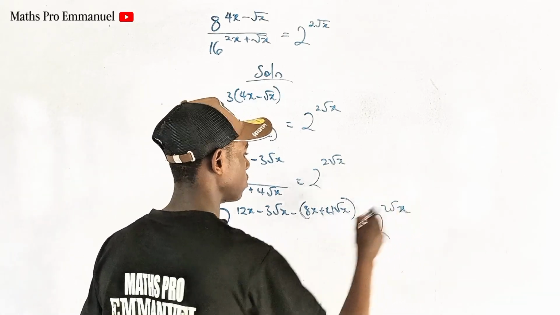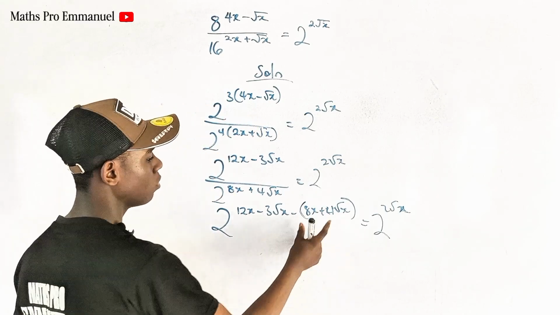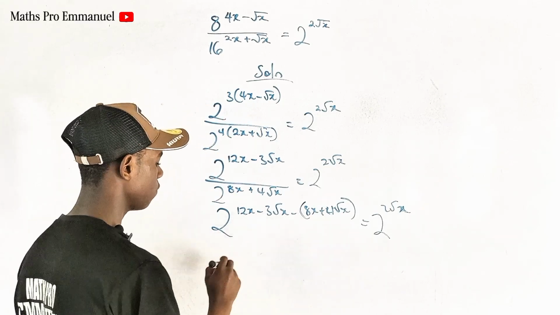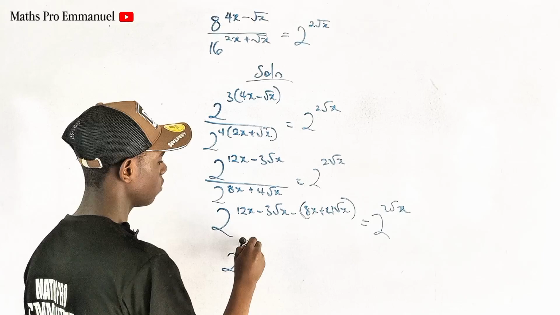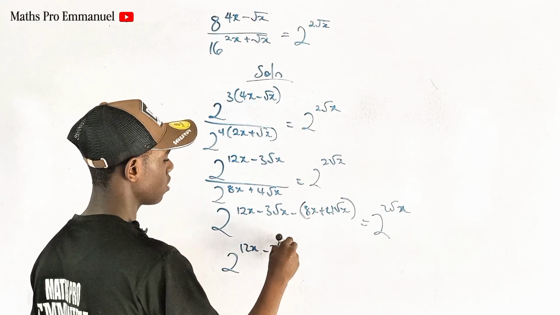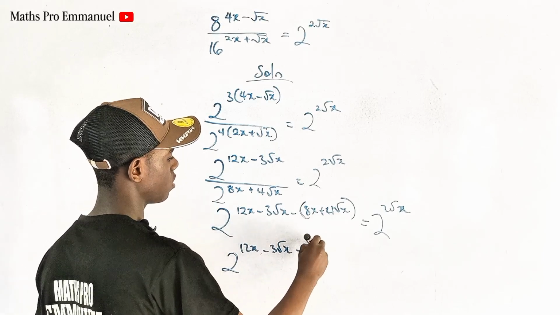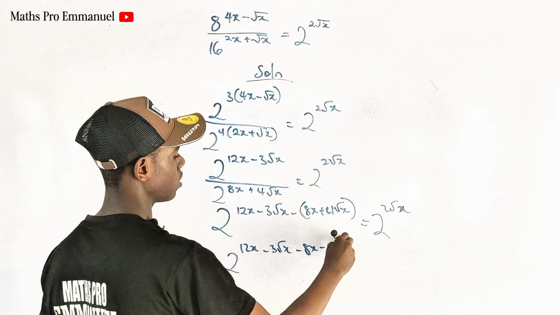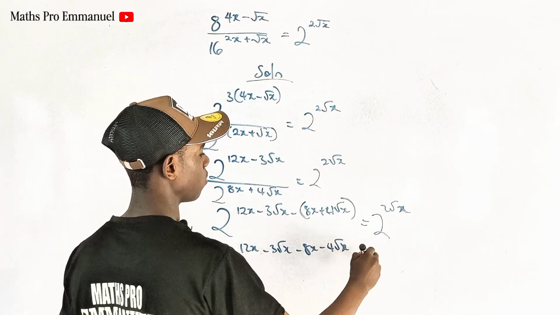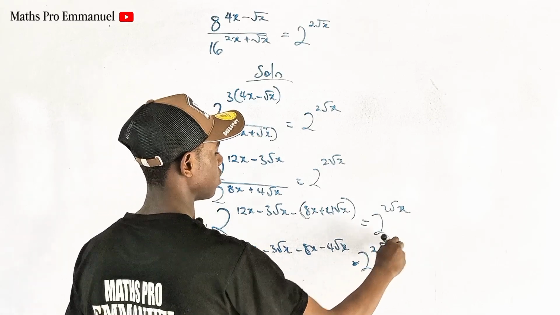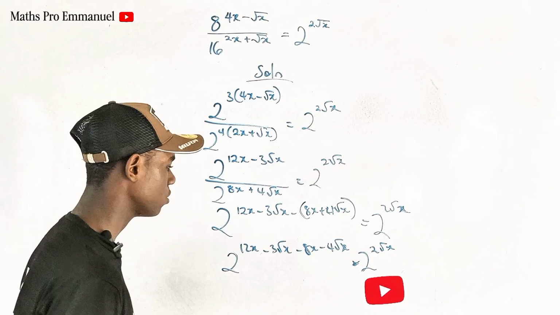Now I'm going to expand this with this minus, and then I'll have 2 raised to the power of 12x minus 3 root x minus 8x minus 4 root x, is equal to 2 raised to the power of 2 root x.